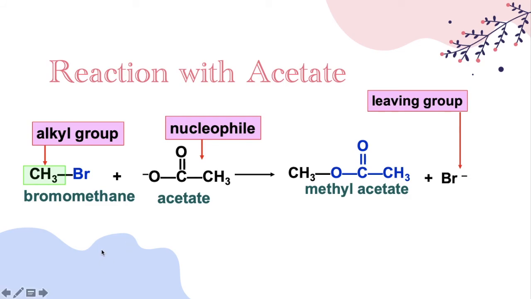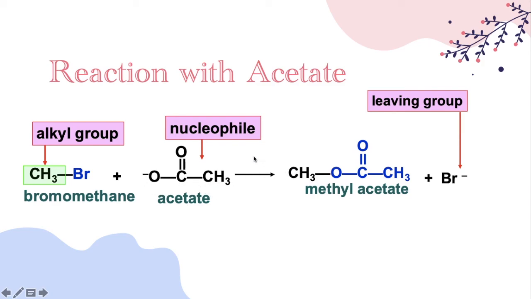Next, reaction with acetate. Acetate is when you have the functional group C double bond O, and the C that has the double bond O is attached to O minus.